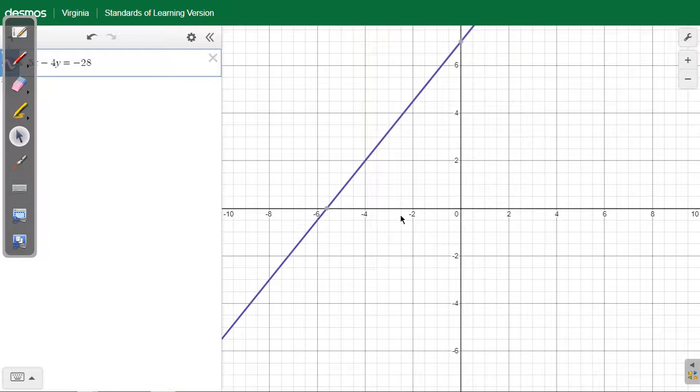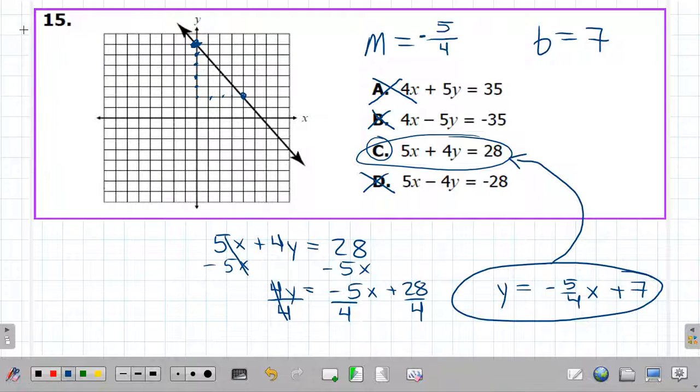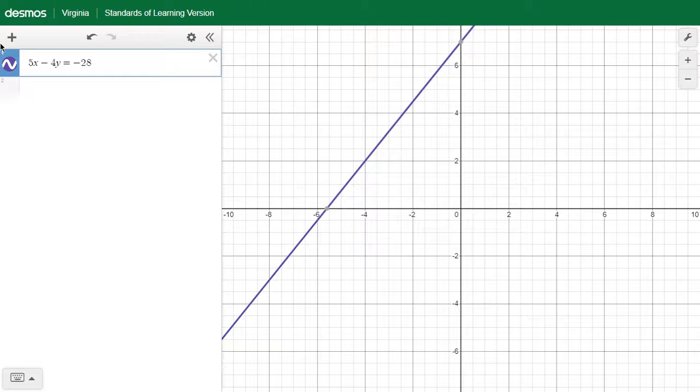So once again, can use this calculator here a little bit to kind of take a shortcut. You can rule out some answers that way because once again, if you just graph the equation, you can tell, well, if the line has a positive slope and the line that I graph has a negative slope, well, then I know that's not going to be one of the answers. That's the easiest way to eliminate answers.